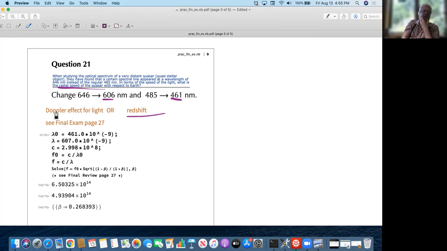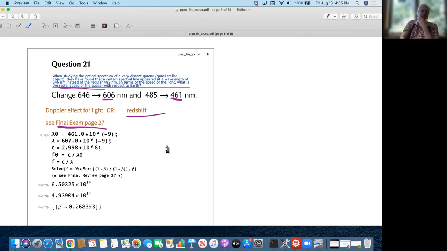The frequency changes depending on the speed of the source. It's not exactly the same formula for the Doppler effect for sound and for light. It's different for light.